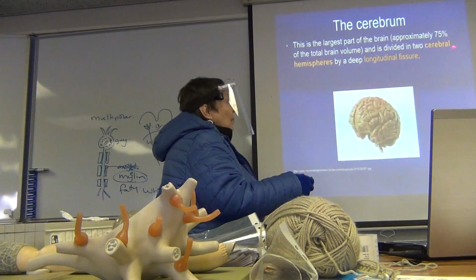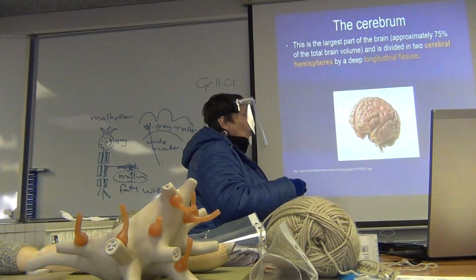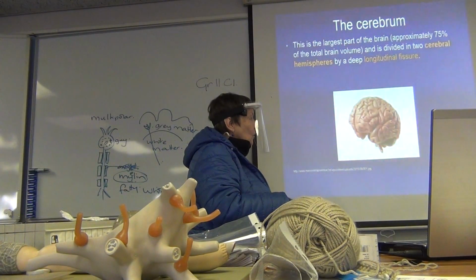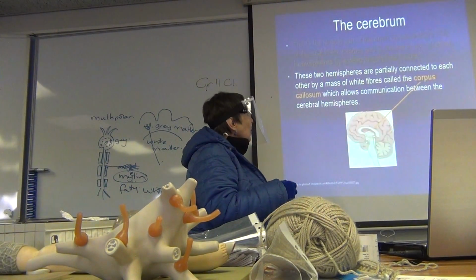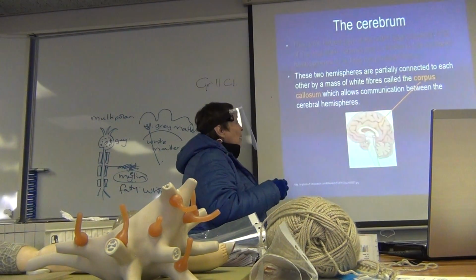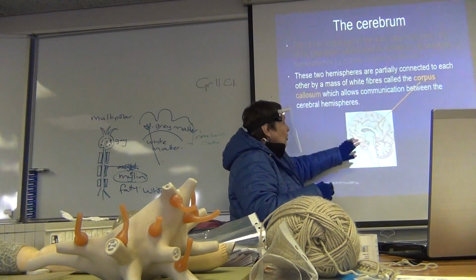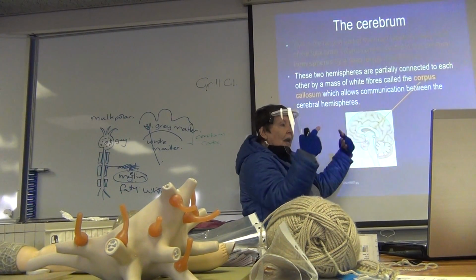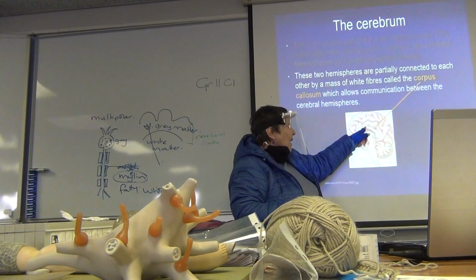So that divides it into two what are called cerebral hemispheres, like the two hemispheres of the Earth. The two hemispheres are partly connected to each other by a mass of white fibers. These are axons, because there are neurons lying in that direction, across like that.